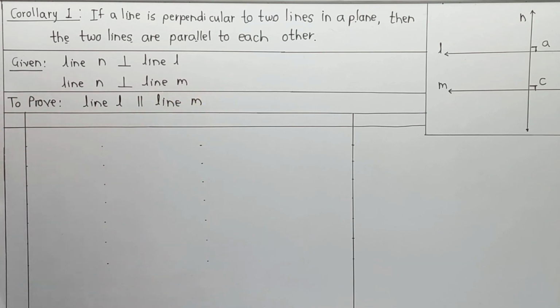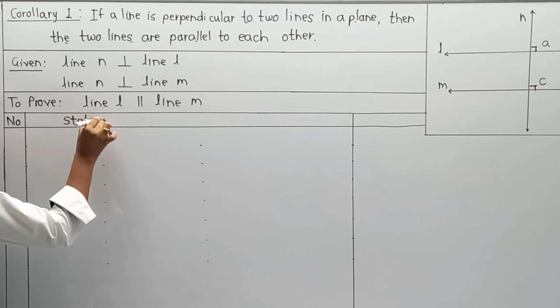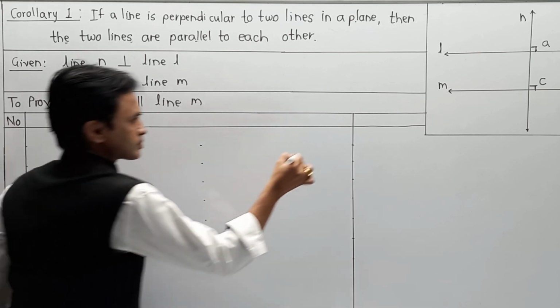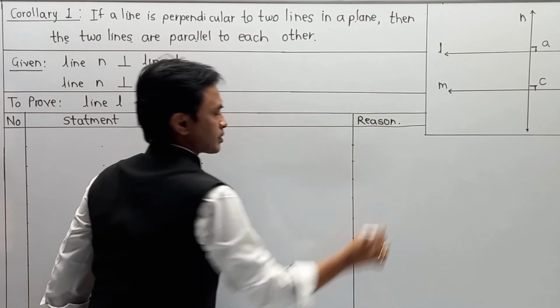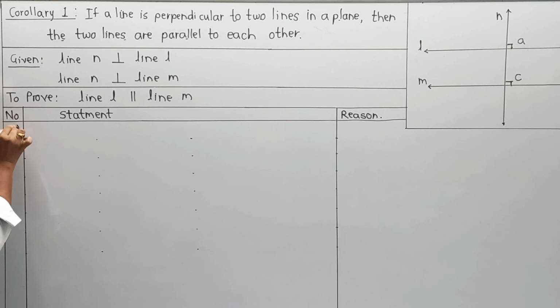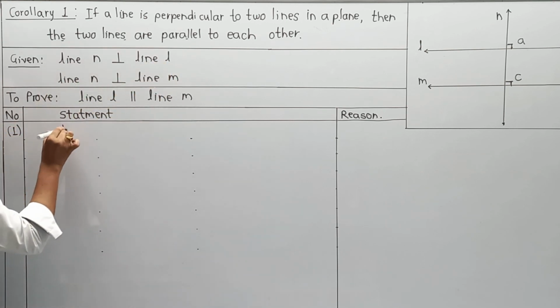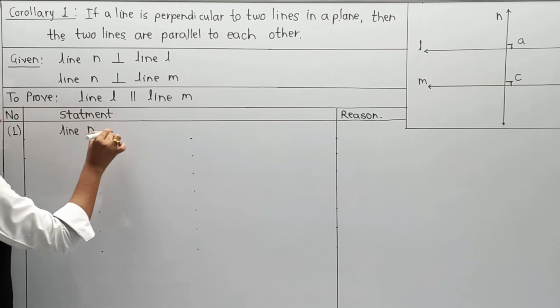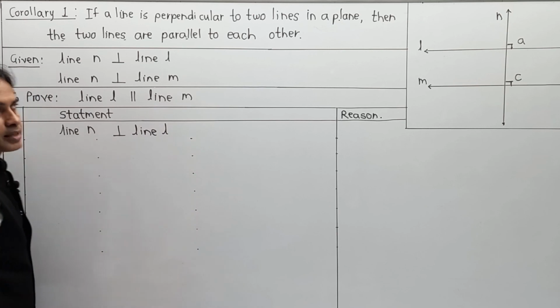And no doubt I am going to write the proof in the form of number, statement and reasons. So here numbers, statement and reason. So first part, line N is perpendicular to line L, this is given.